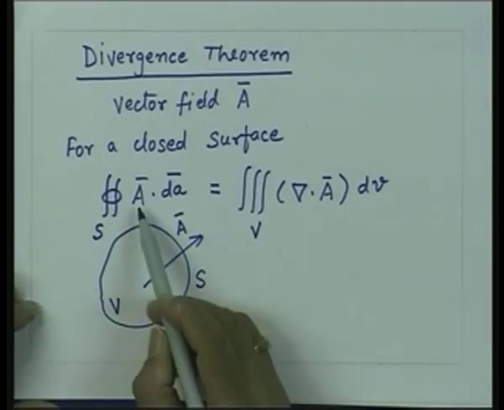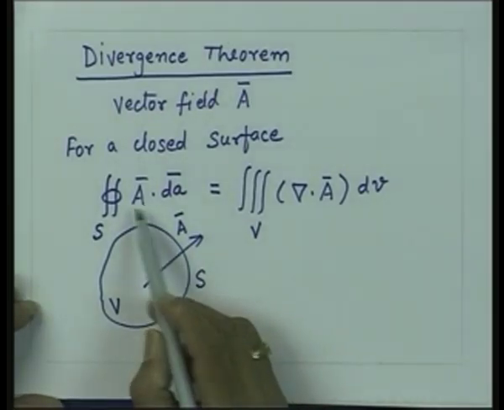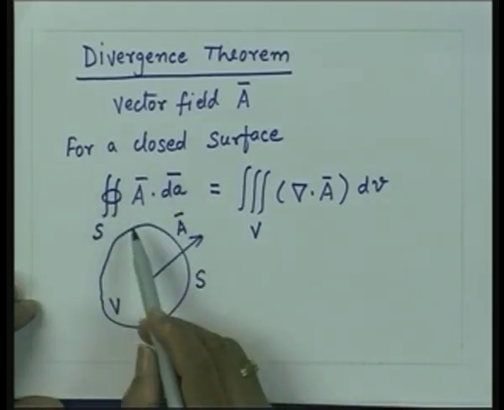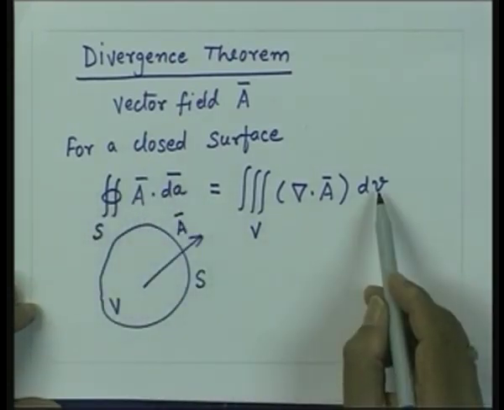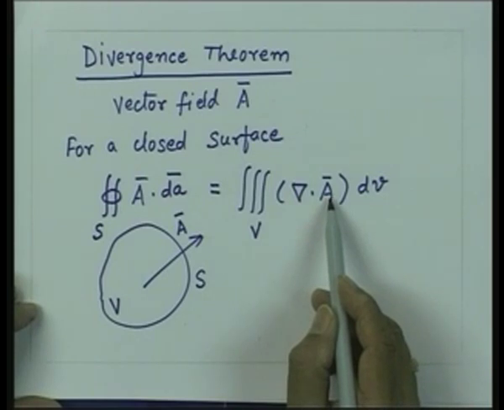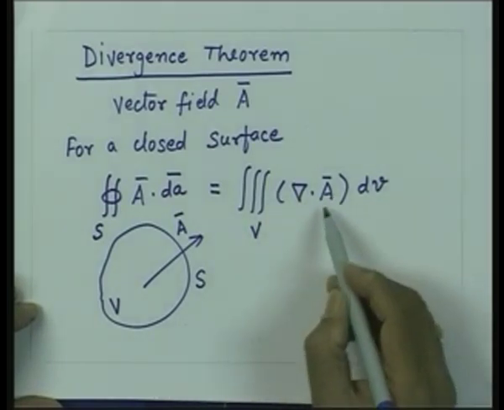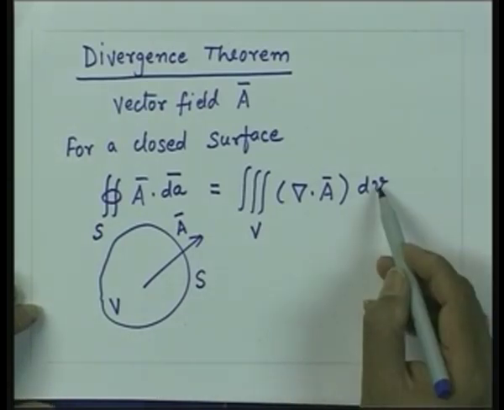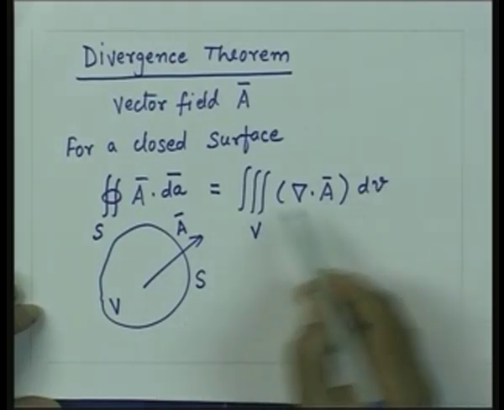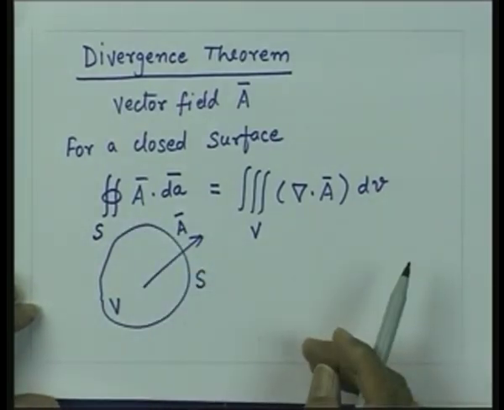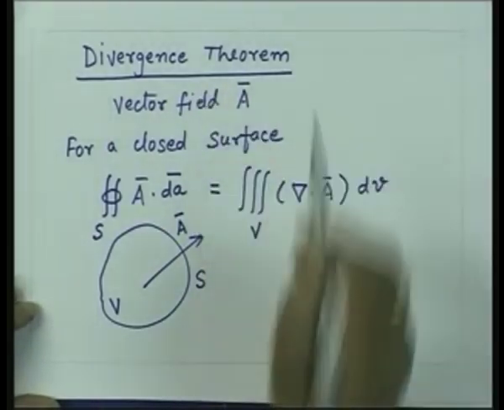So, if you have a vector and you know the surface integral of this vector, the surface integral can be converted into a volume integral by operating on this vector A with the del operator with a dot product. That means we take the divergence of vector A and take the volume integral of that, which is the same as the surface integral of the vector A. This theorem is called the divergence theorem.